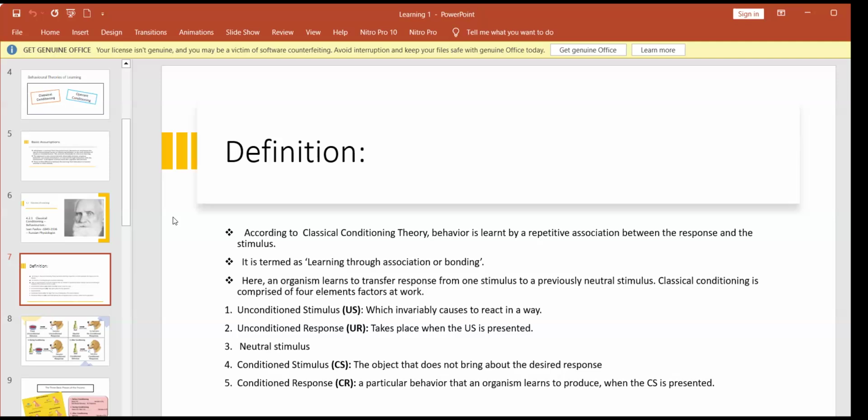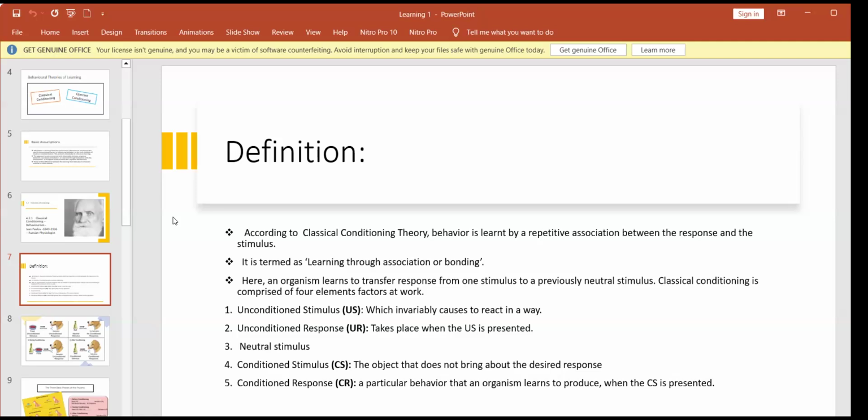Ivan Pavlov was a Russian physiologist, not initially a psychologist, because psychology branched out from physiology and philosophy. So naturally, these physiologists also went into psychology. Being a Russian physiologist, he was experimenting on the salivation process of dogs, something to do with the physiology of dogs.